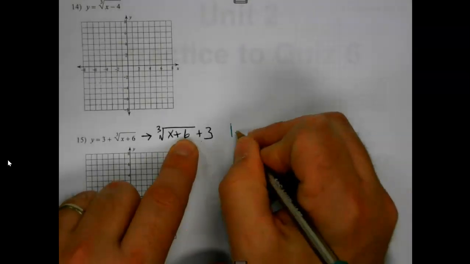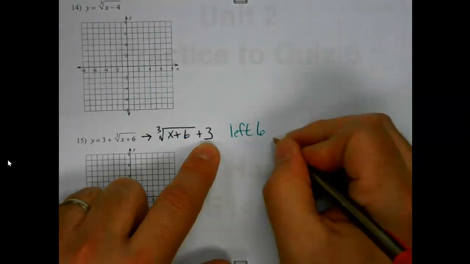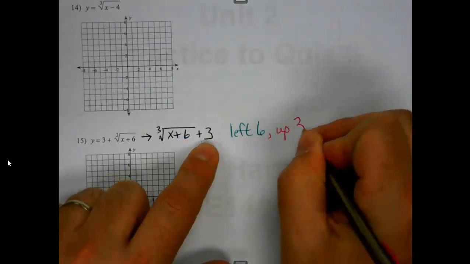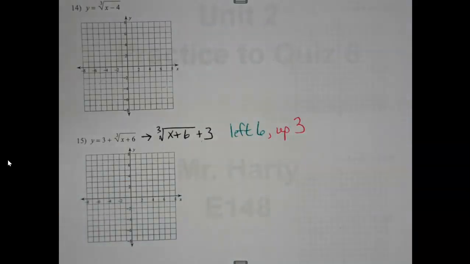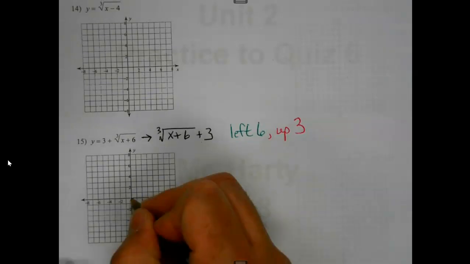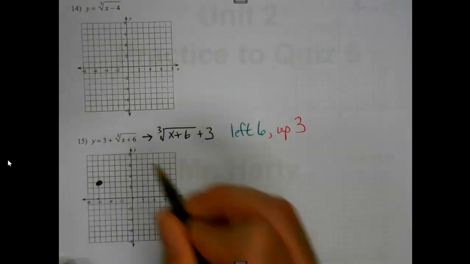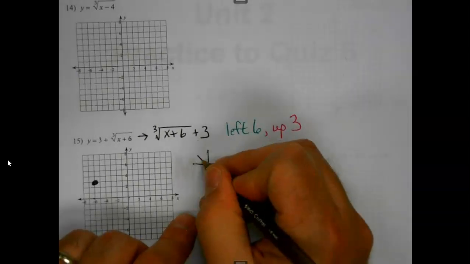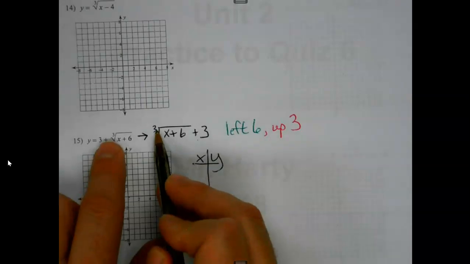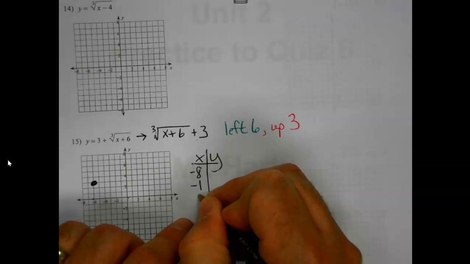All right. So I've got left 6 and up 3. So if I'm doing it on my own, going left 6 and up 3, there's my first dot. Now when we do cube roots, and again, this is in your notes.